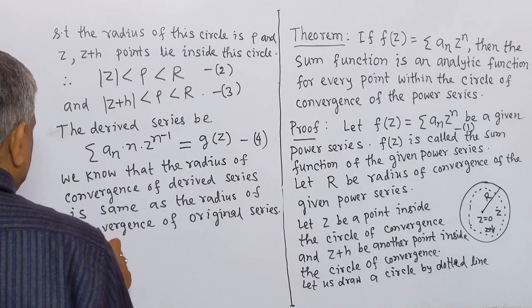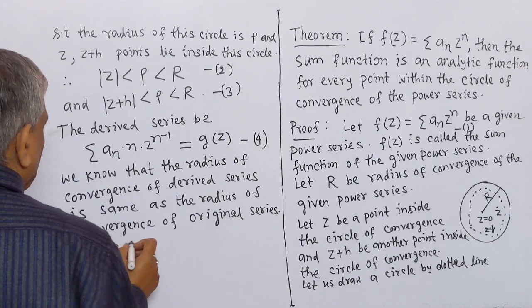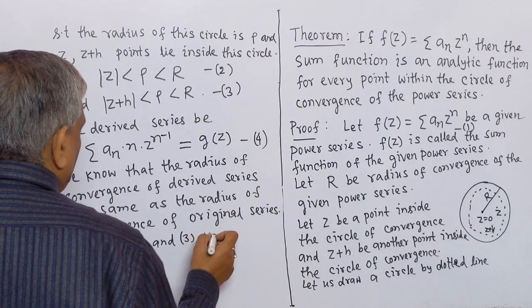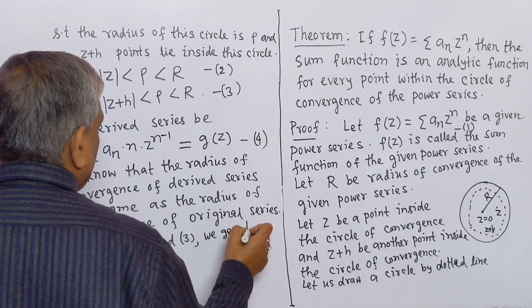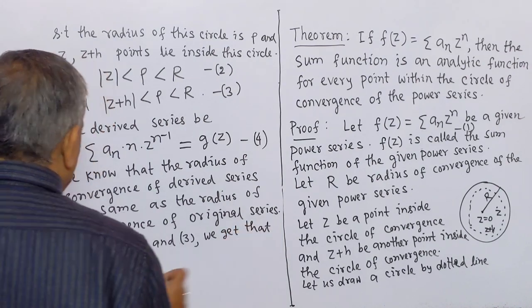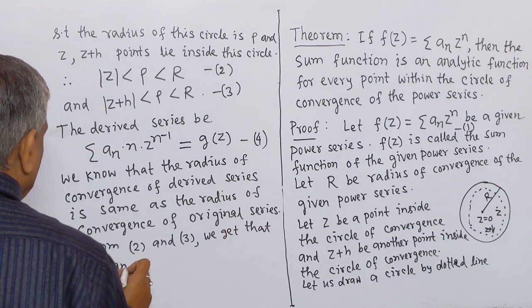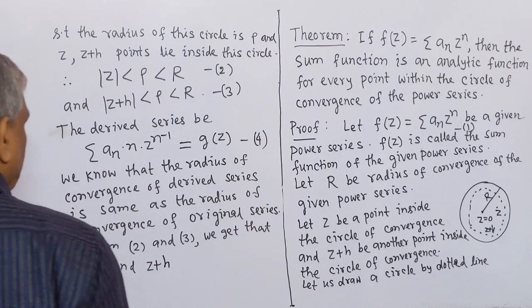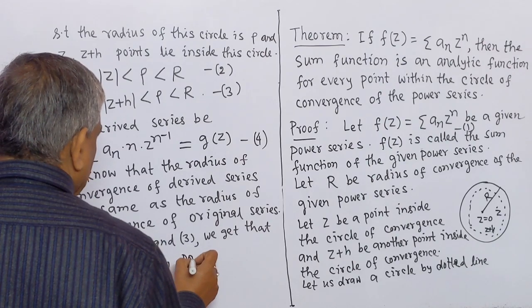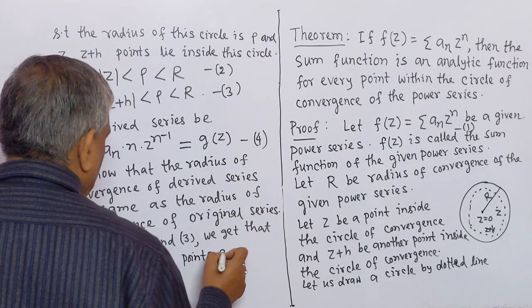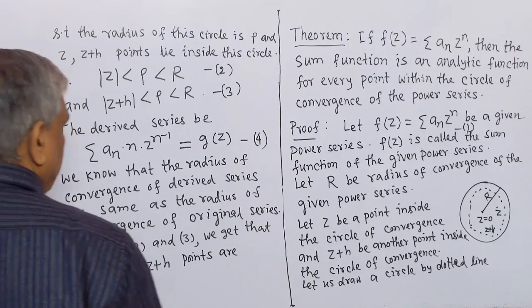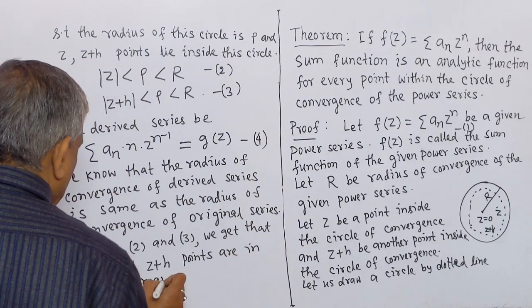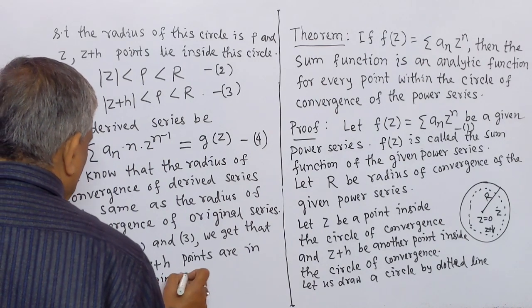From 2 and 3 we get that z and z plus h points are in the domain of convergence.